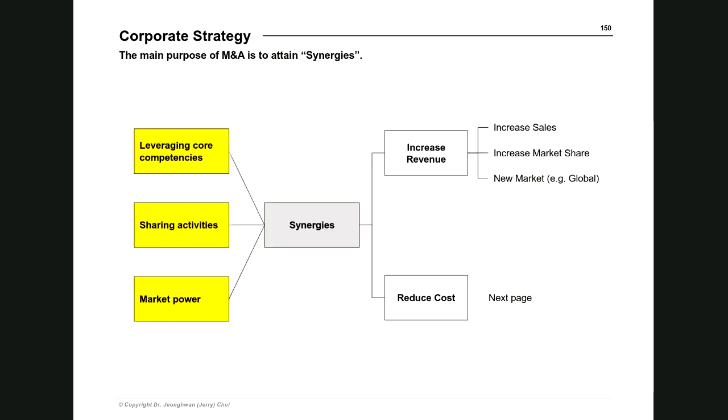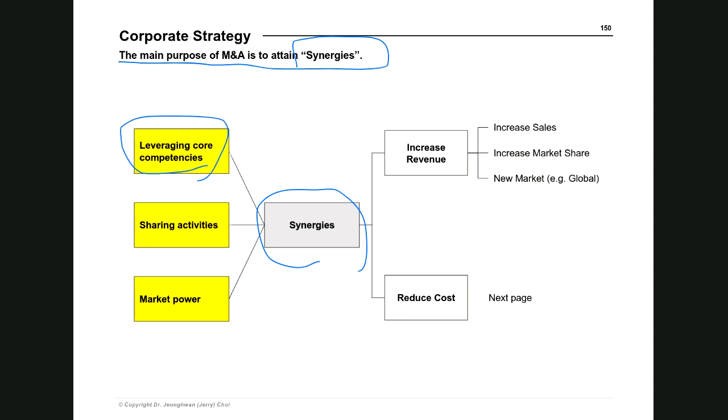Anyway, long story short, the main purpose of M&A is to attain the synergy. 1 plus 1 is larger than 2, plus alpha. Alpha is the synergy. And how can we make synergy? Leveraging core competencies.